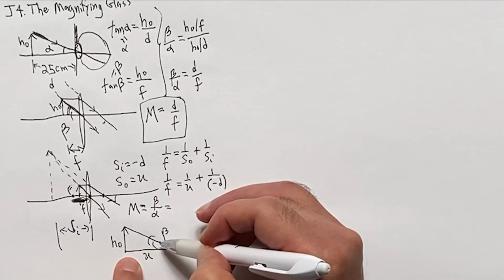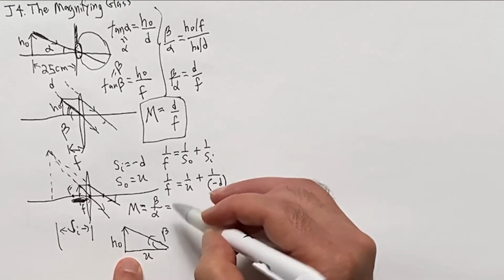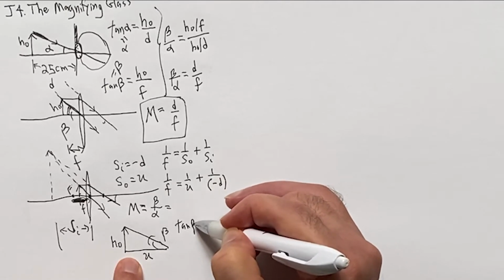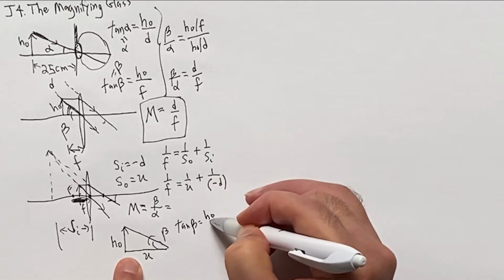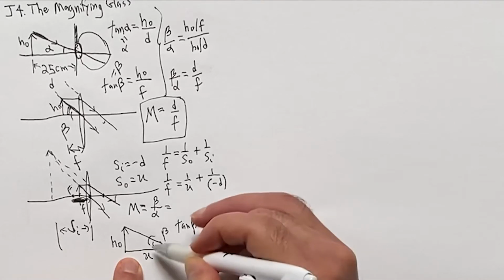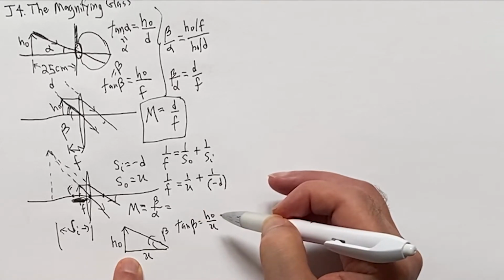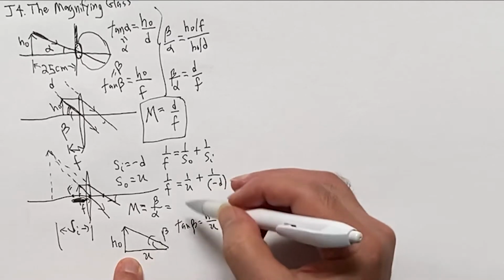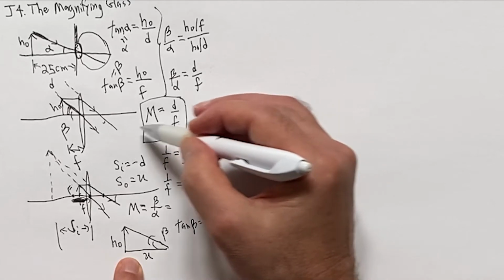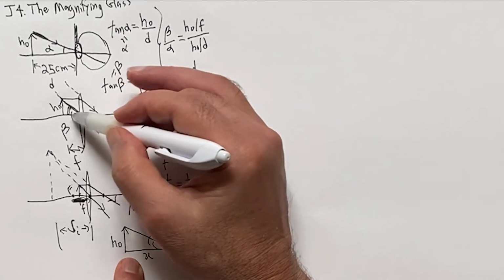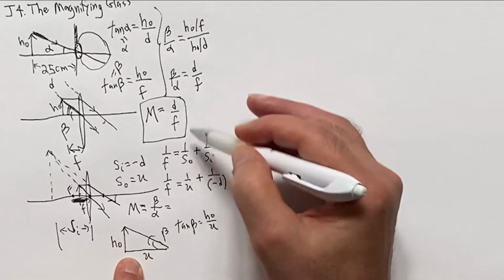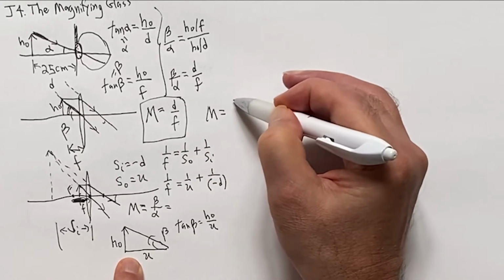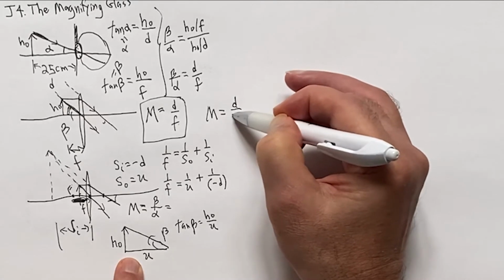But if you remember correctly from before, the tangent of beta is H_O over U in this case. So when you do that, replace the F, where here we were the distance F away, here we're U away. The more general magnification formula is going to be D over U.